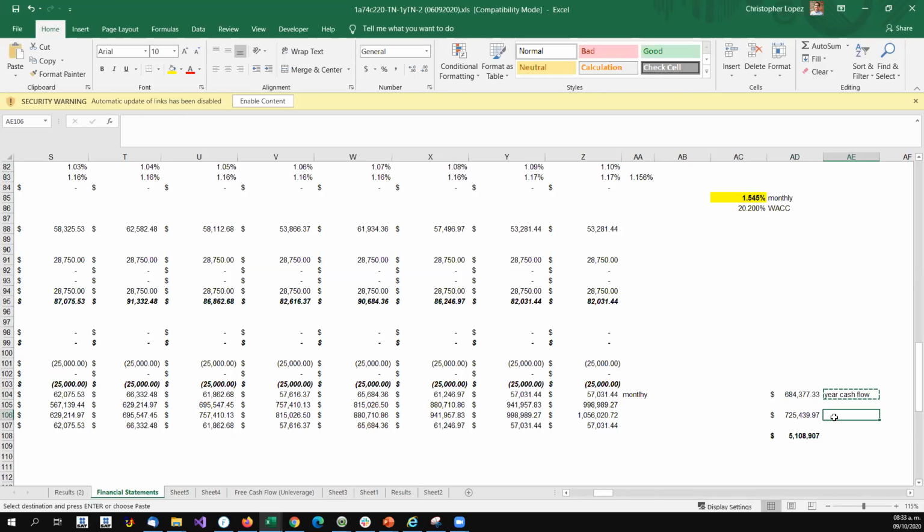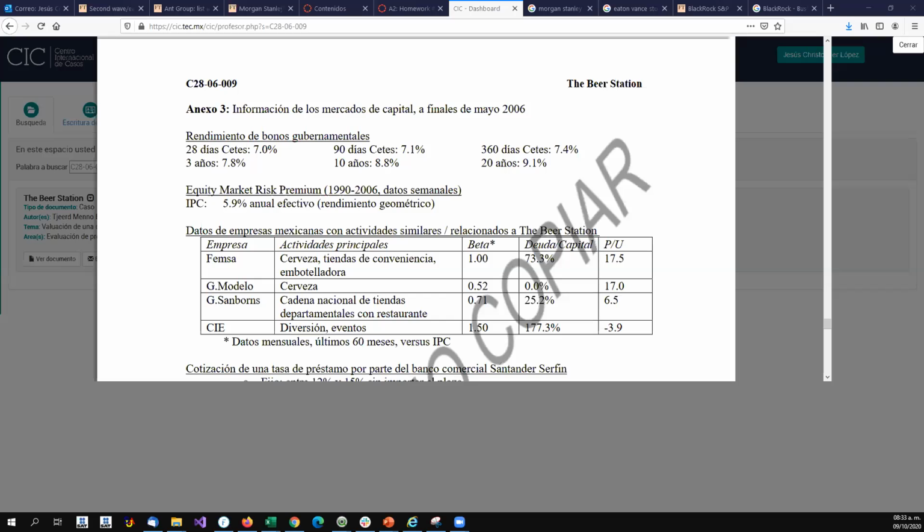And this will be the year cash flow with growth. This will be discounted as a perpetuity payment. Okay, so that will be that.